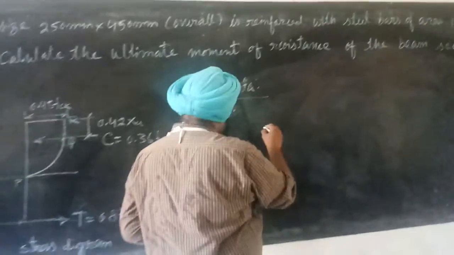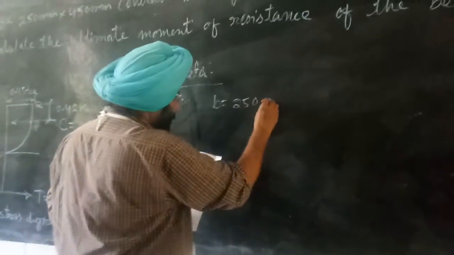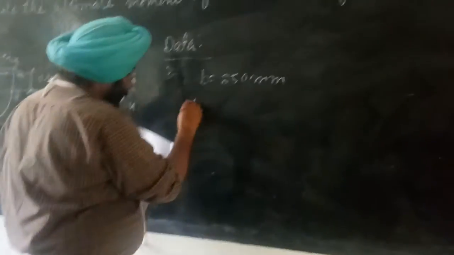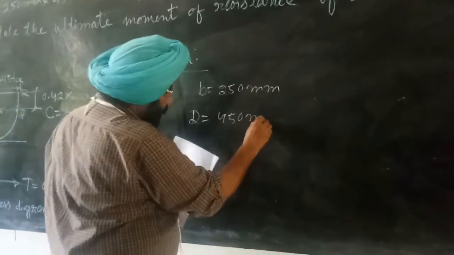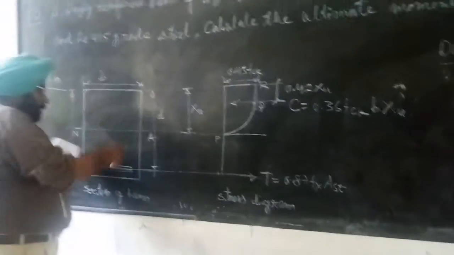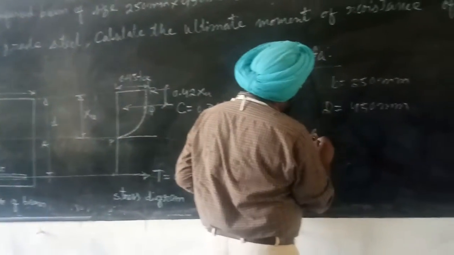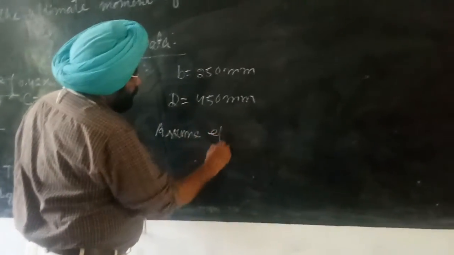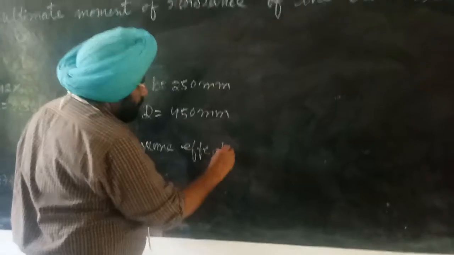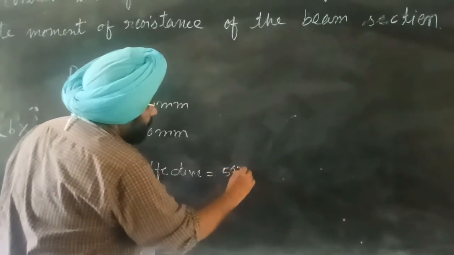The width of the beam section given to us is 250 millimeter and the overall depth of the beam is 450 mm. Overall depth means the total depth of the beam section. Assume effective cover to the reinforcement is 50 mm.